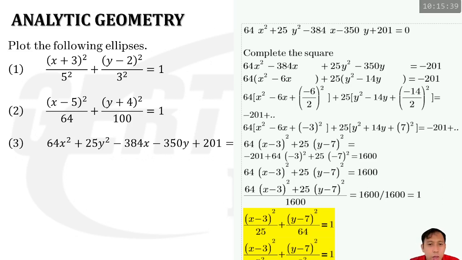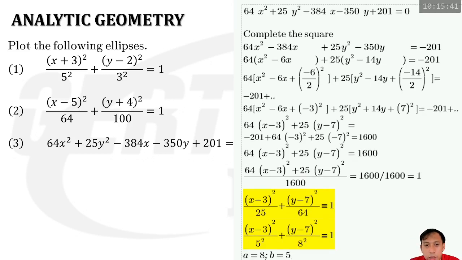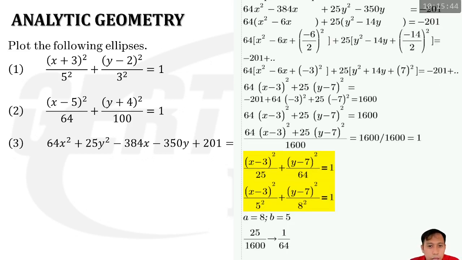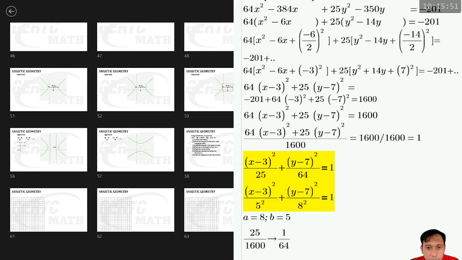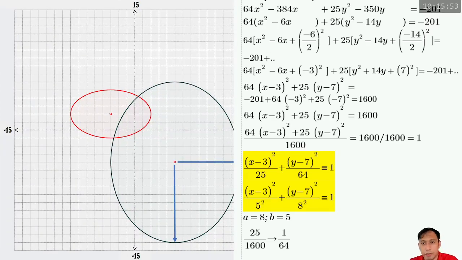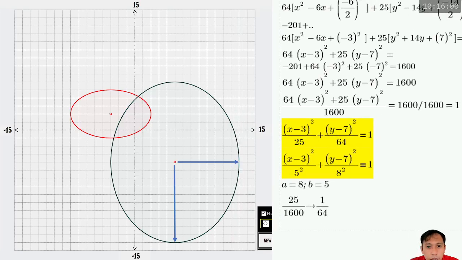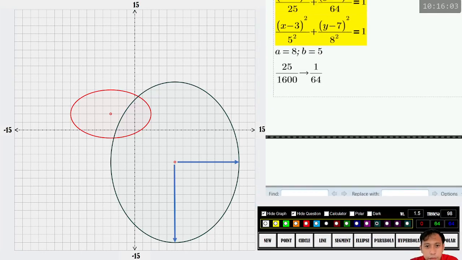So if i-graph natin to, center is 3, 7. An ellipse with center 3, 7. A is equal to 8. B is 5.